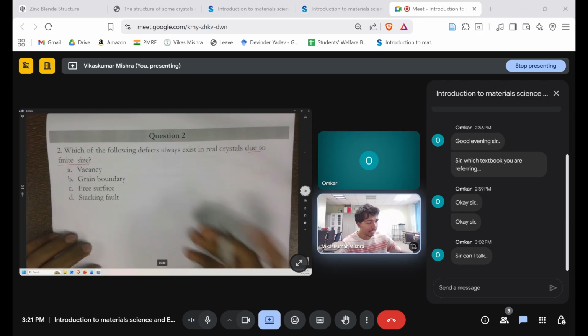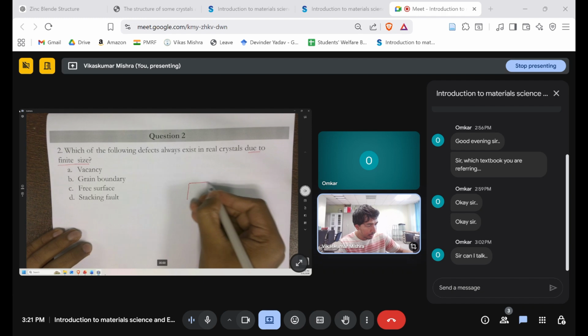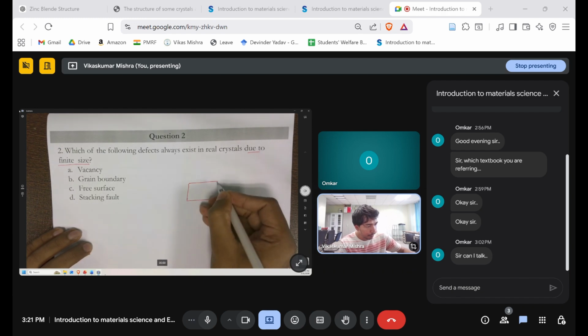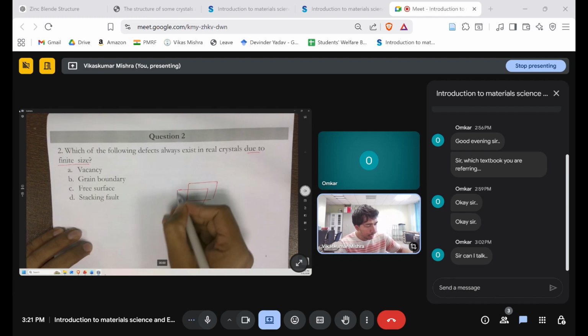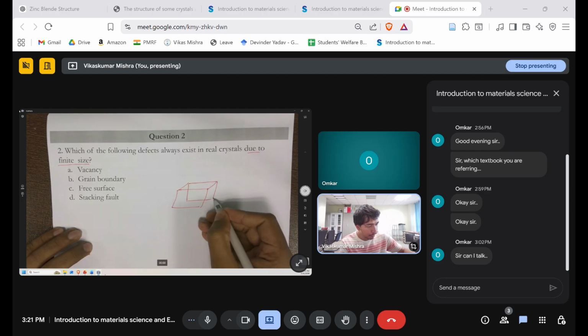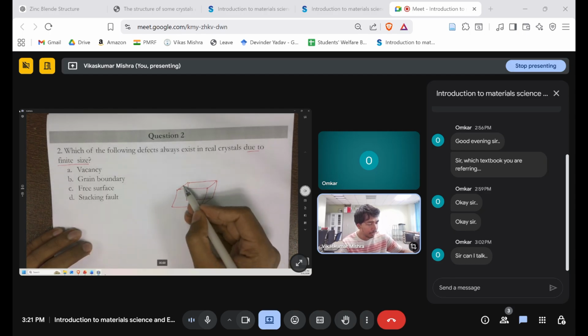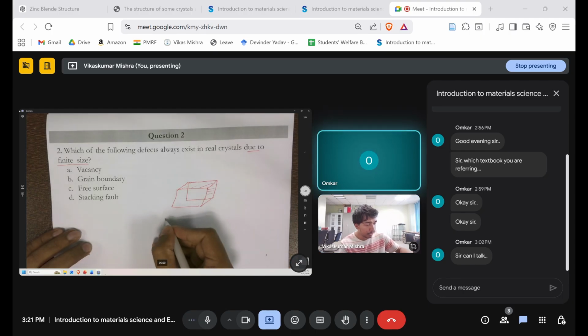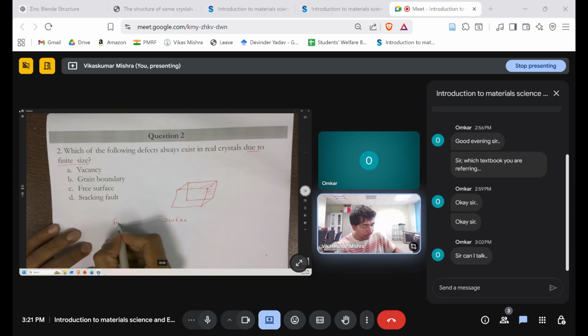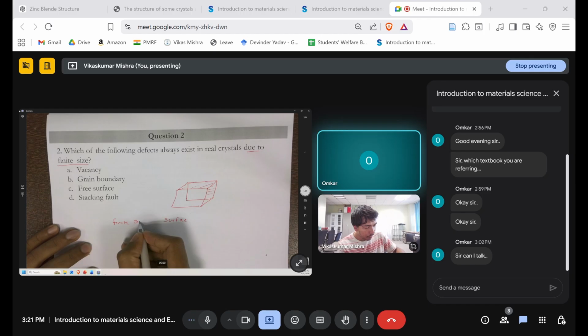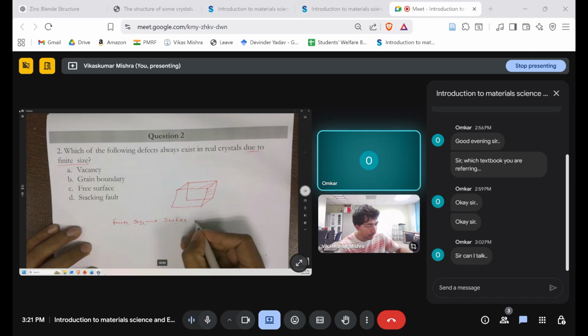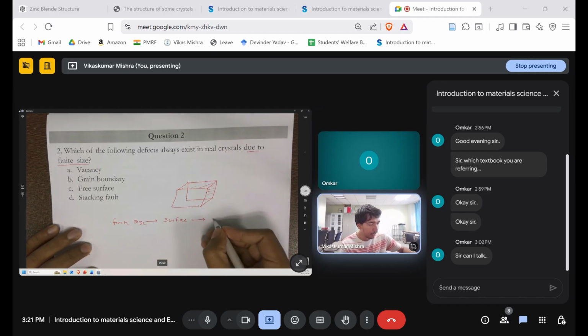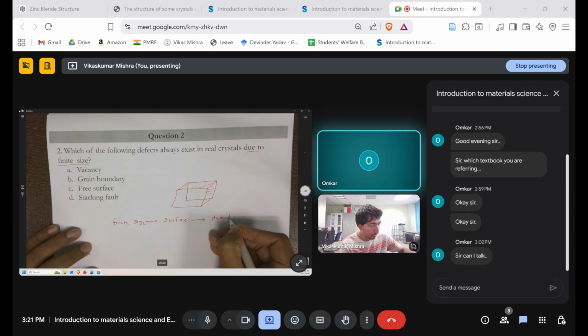See, whenever we take a crystal, any crystal, it always has a surface. Surface means finite size. Finite size means a surface is there, and a surface is nothing but a defect, because at the surface the bonds are broken.